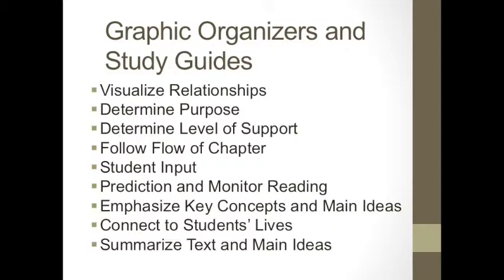Students input information around the first part of the text and read, and as they go along they're continually adding to a graphic organizer and a study guide. Something that helps them with prediction and monitoring reading, skill guides that help them emphasize key concepts and main ideas, connections to their lives, and then summary strategies, summarizing the text and main ideas.